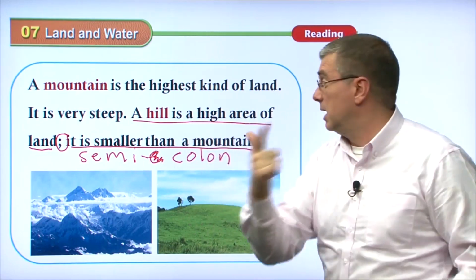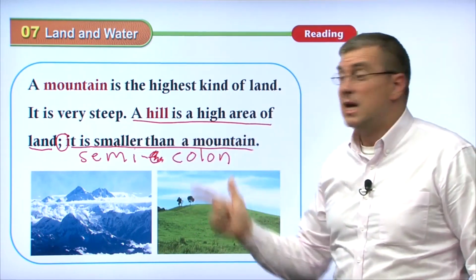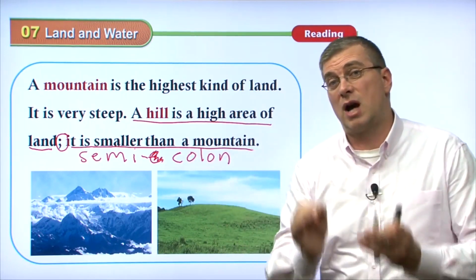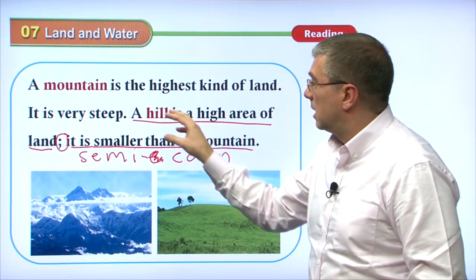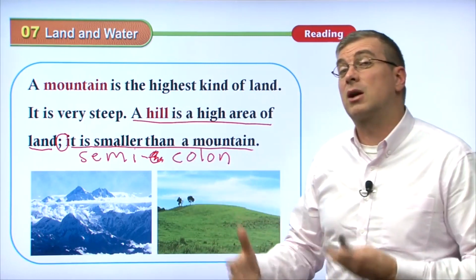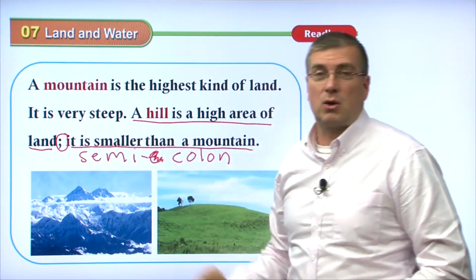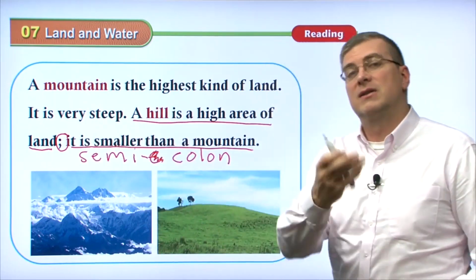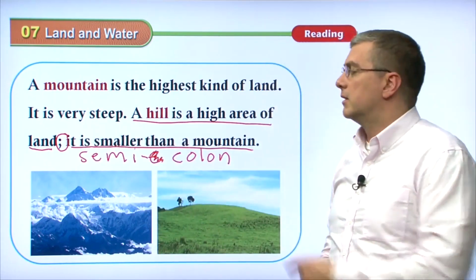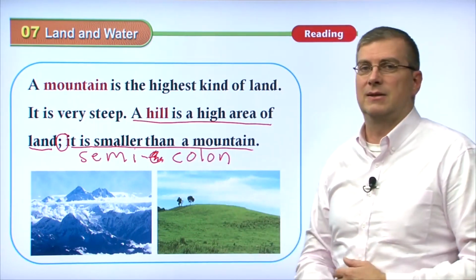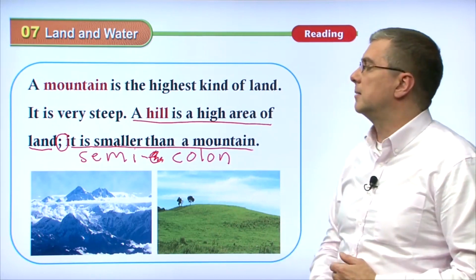Another thing about a hill is that it is smaller than a mountain. So these two sentences are very closely connected. They both describe a hill, and they are very closely connected also in the way that they are written. So we can use a semicolon to connect those two sentences. Sometimes you will see that. So a semicolon can be used to connect two complete sentences. It's a good example. Okay, let's move on.